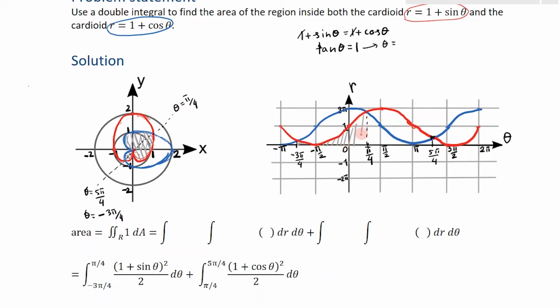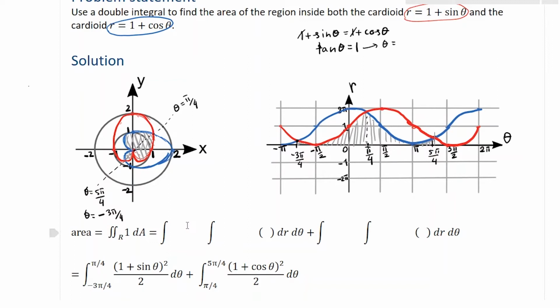Then from π/4 all the way to 5π/4, you would go by the blue curve. Then from 5π/4 until, oh, we're done. No, sorry. Okay, we just made the full circle because this angle and this angle is the same. This is the same point. Okay, so that's the region.